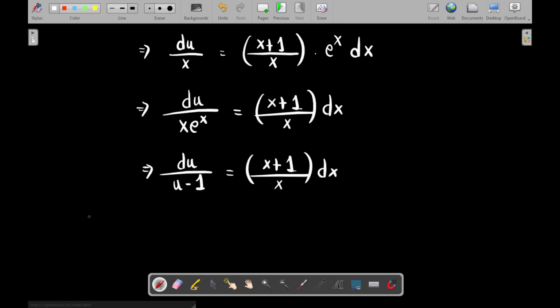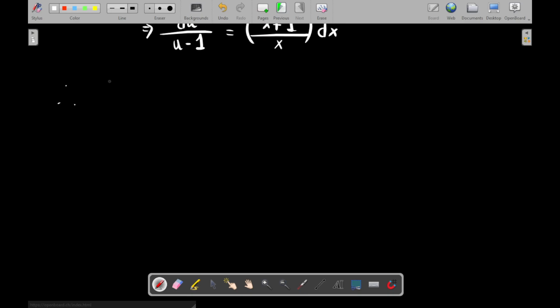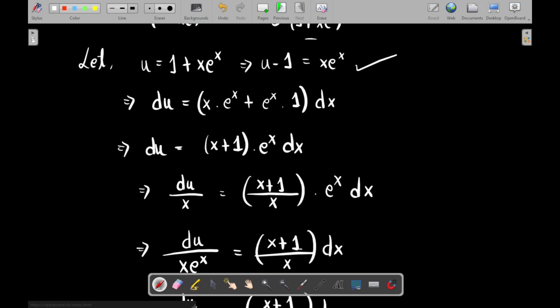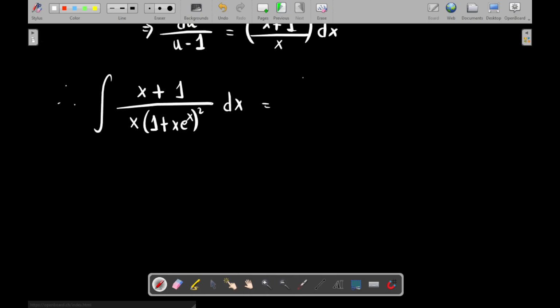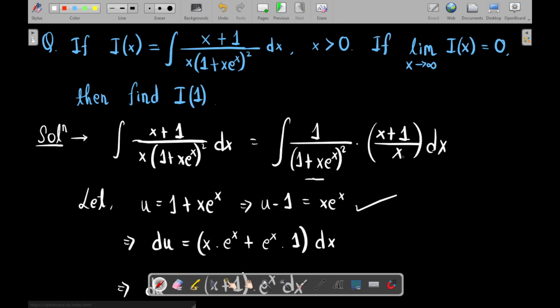Okay, so therefore our integral, which was (x plus 1) divided by x times (1 plus x e to the power x) whole squared dx, now changes to this first part. This is just 1 upon u square, right? u was our denominator here. Okay, so this becomes integration of 1 upon u square times the remaining part, this part, (x plus 1) upon x times dx.